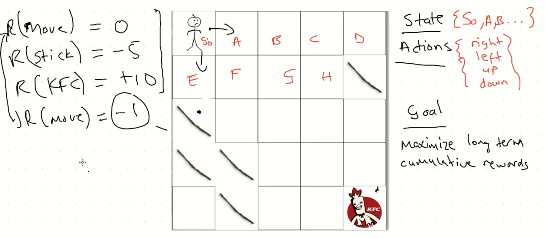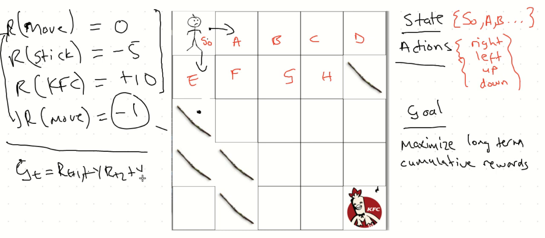This was essentially our goal, or rather to maximize what we call the return, GT, which is equal to, if you remember from our previous lecture, RT plus 1 plus gamma RT plus 2 plus gamma squared RT plus 3, and so forth, right? This is how we had the return. This is what we actually want to maximize, the return.